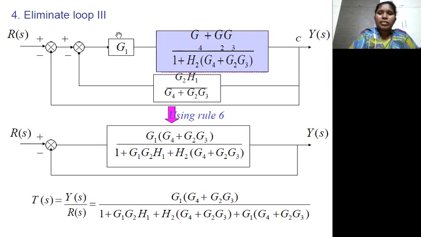So this is the resultant value, and we can apply the same rule, because here there exists a negative feedback. After multiplying these two, I can simplify this circuit with the negative feedback transfer function. That means the G value is G1 into G4 plus G2 G3 divided by 1 plus H2 into G4 plus G2 G3, and the H value is G2 H1 divided by G4 plus G2 G3, right?